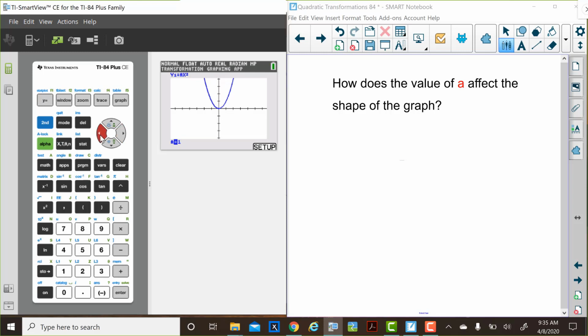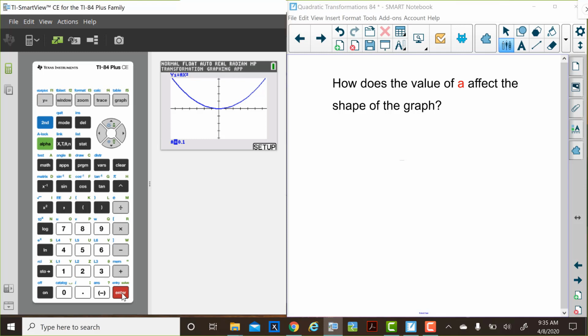But what happens if the value of a is smaller than 1 but larger than 0? Judy can type a value, for example, 2 or 3/10 there, or 5/10, and press enter. And notice that this appears a little bit different from the parent function. Let's look at a smaller value, 3/10, and perhaps 1/10.